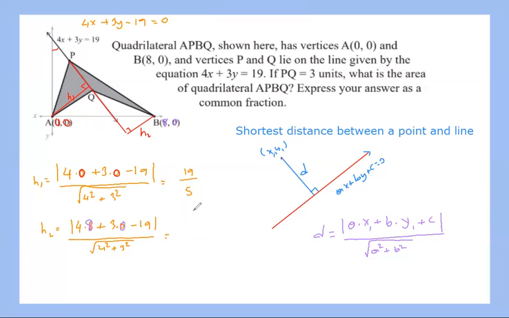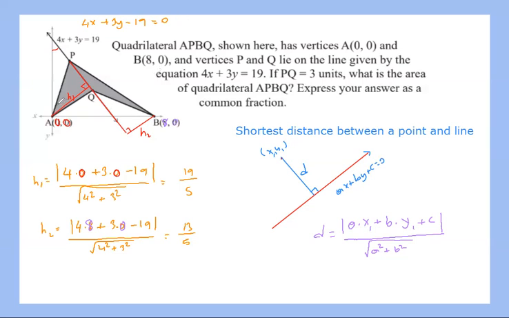That's what I did, and then you just need to simplify. So that is 32 plus 0 minus 19, which I guess is just 13, right? 13 over 5.